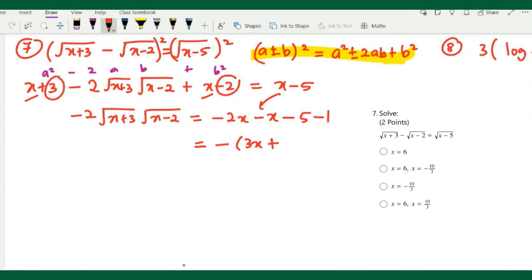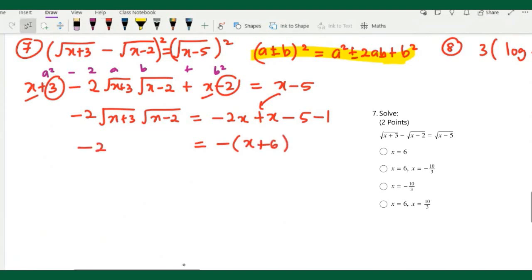Minus 1, okay wait, this will be minus 5, minus 6. Let me check back. 2x minus 2x, plus x, sorry, plus. Okay, so it becomes minus x, minus 6 becomes plus 6.